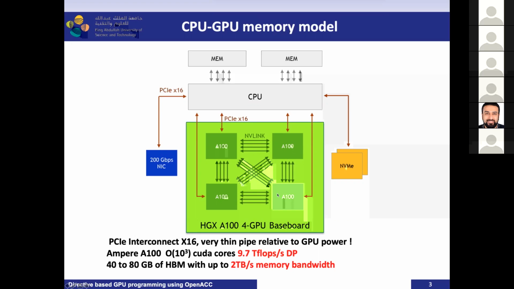If you look at the PCI Express specifications, we started with PCI Gen 2 around 2010, and then Gen 3 lately with the Voltas. With A100, the latest Ampere GPU from NVIDIA, we moved on to PCI Express Gen 4.